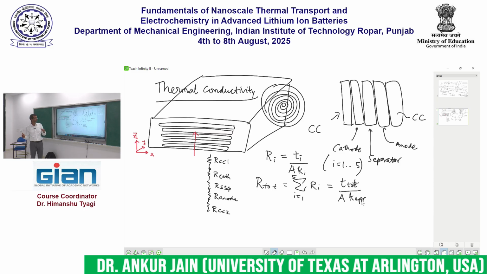So effectively the thermal conductivity is given by this expression, and therefore I can write T total over K effective, the A cancels out, is equal to summation Ti over Ki. Please feel free to ask questions at any point if something is not clear.